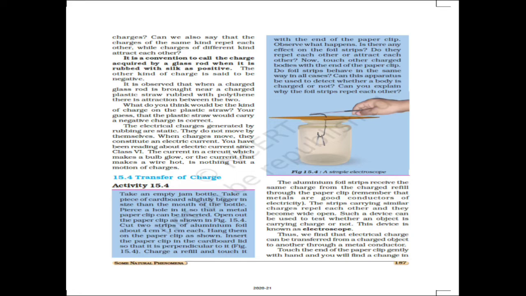Then you have to take the paper clip and open it out as shown in the figure. Then you have to cut two strips of aluminum foil of about 4 cm into 1 cm and hang them on the paper clip as shown in the picture. Insert the paper clip in the cardboard lid so that it is perpendicular to the cardboard.